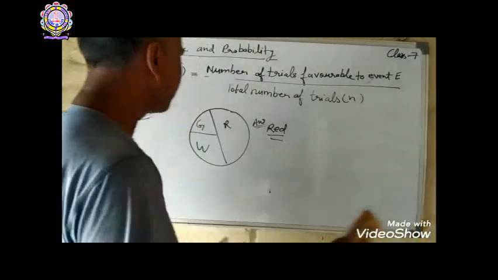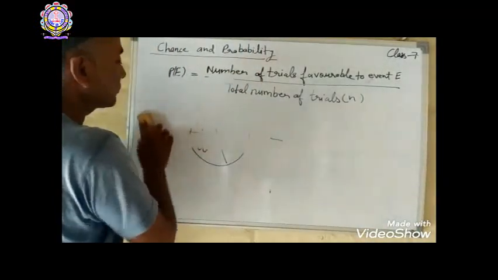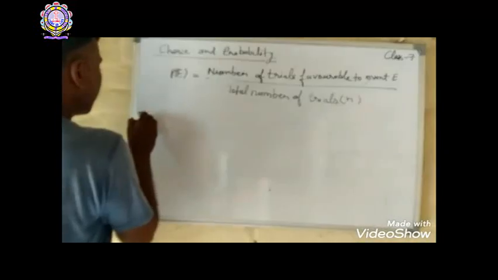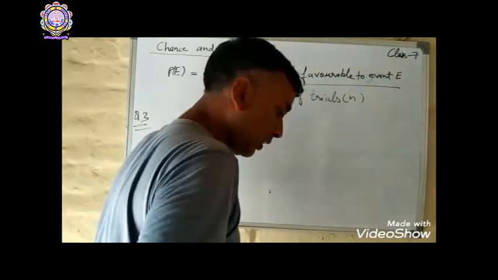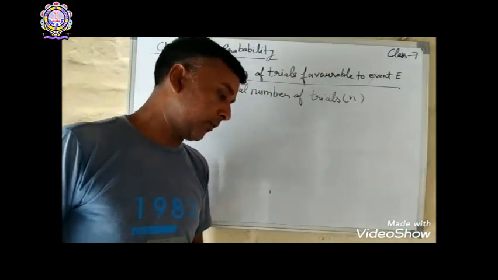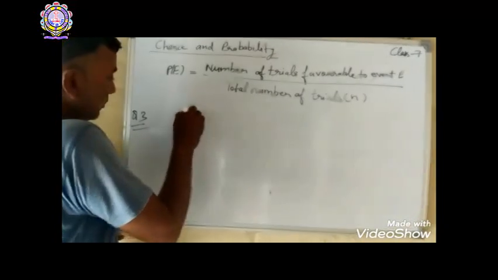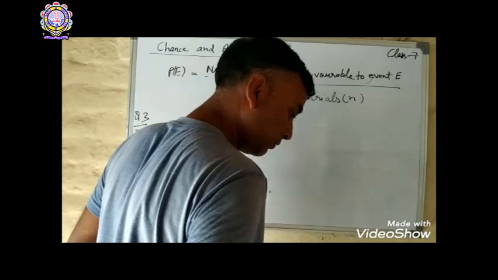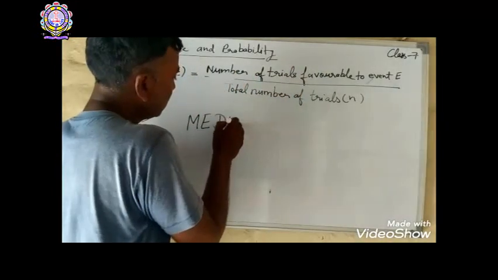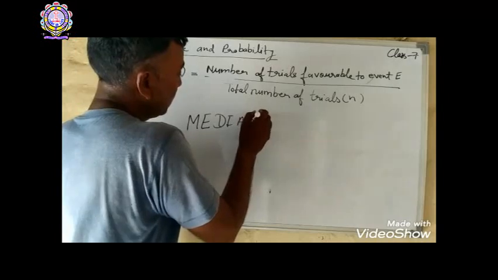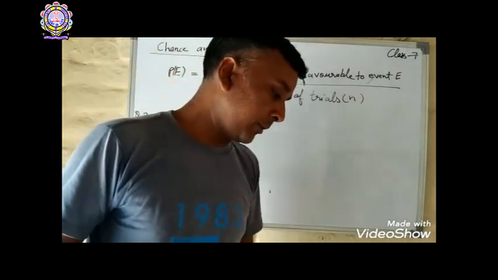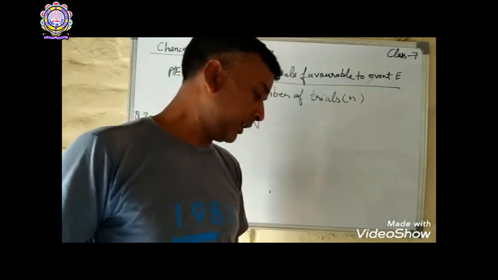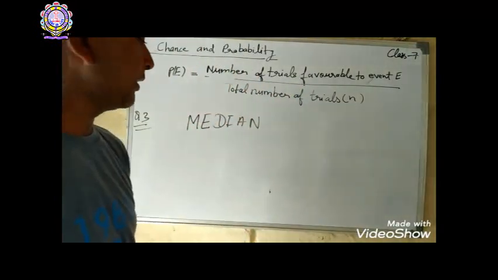Question number 3. The letters are written on paper slips of the word MEDIAN. If one slip is drawn randomly, what is the probability that it bears the letter D?